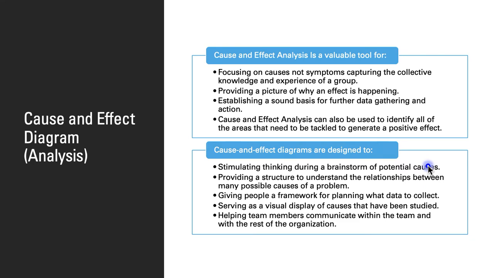Okay. Second, providing a structure to understand the relationship between many possible causes of a problem. Since we are getting the causes, it's possible that it is not yet really the root cause, so you provide here a structure of possible causes of a problem.